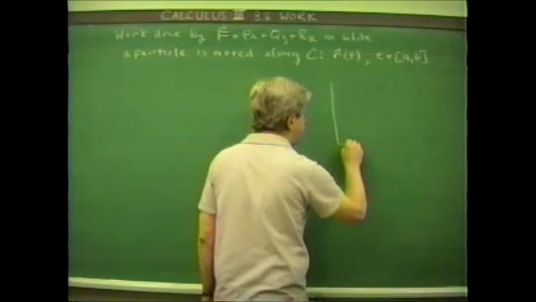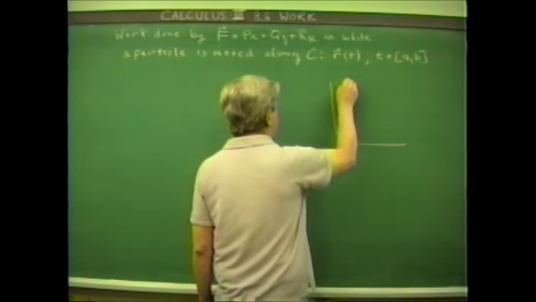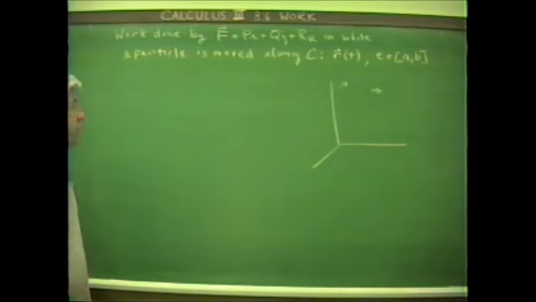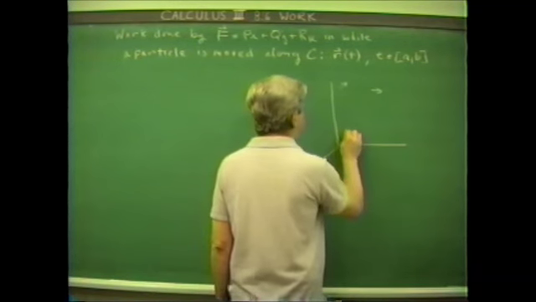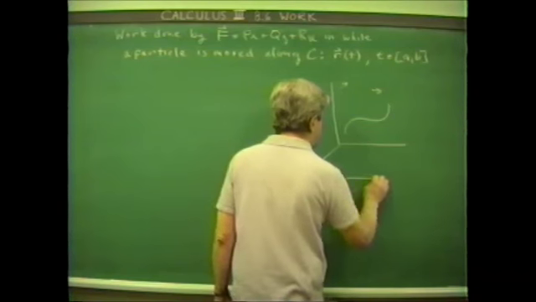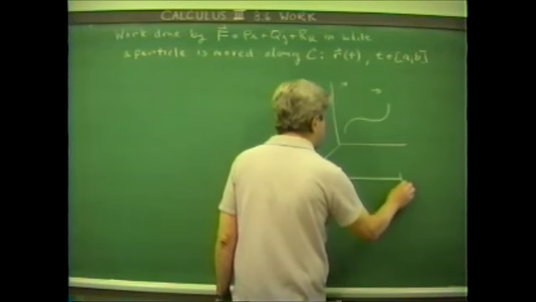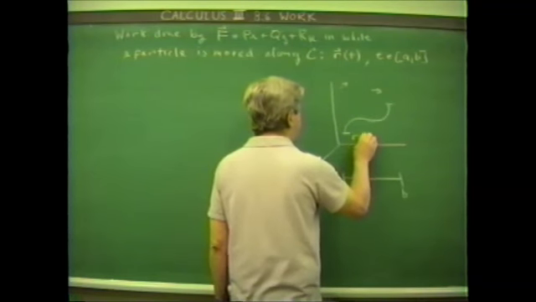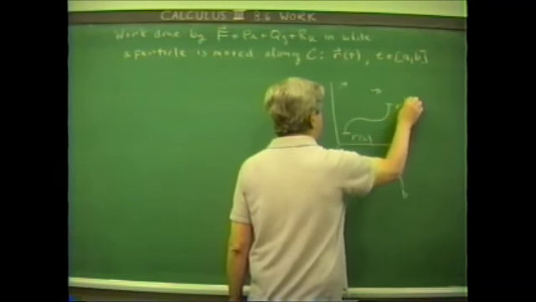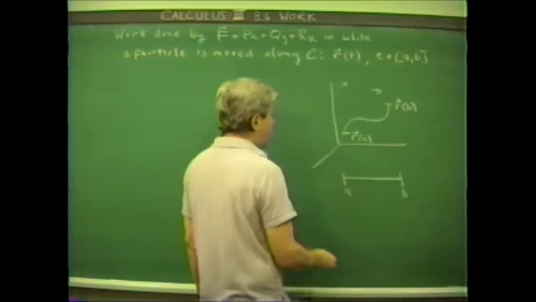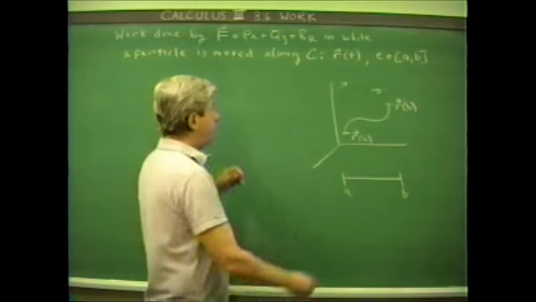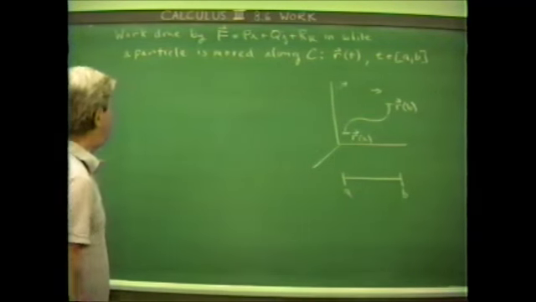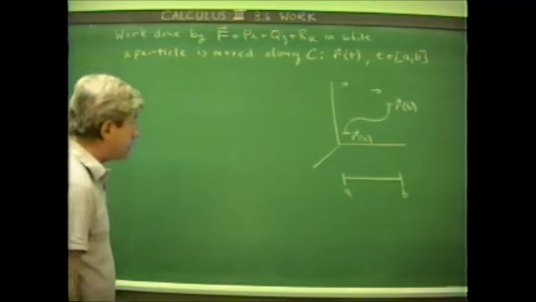Here's a picture. You've got a force field here, which assigns to every point in three-dimensional space a vector. We've got an r of t here, which is defined on the interval AB, so that perhaps this is r of A, and this is r of B. Now, if this particle is moved through here, we want to know how much work is done by F on the particle.